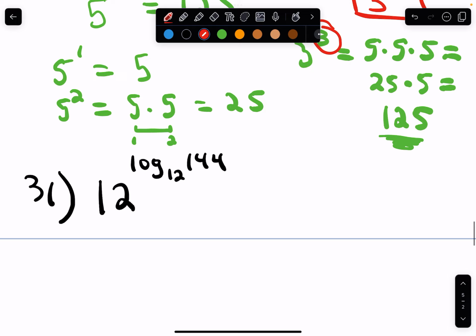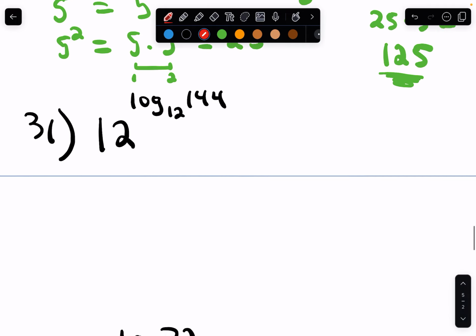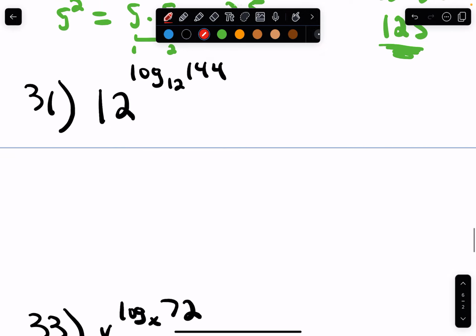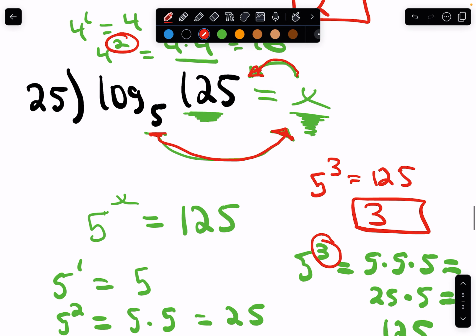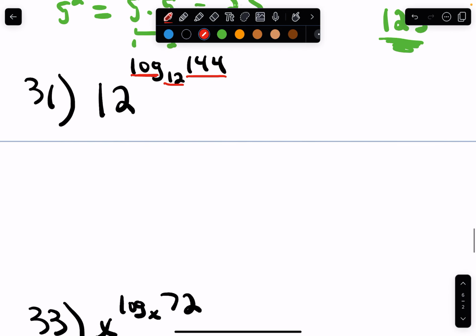Now, I skipped ahead a little bit here. We're on question 31. It says simplify each expression. Here we have 12 to the exponent of log base 12 of 144. We can simplify this.